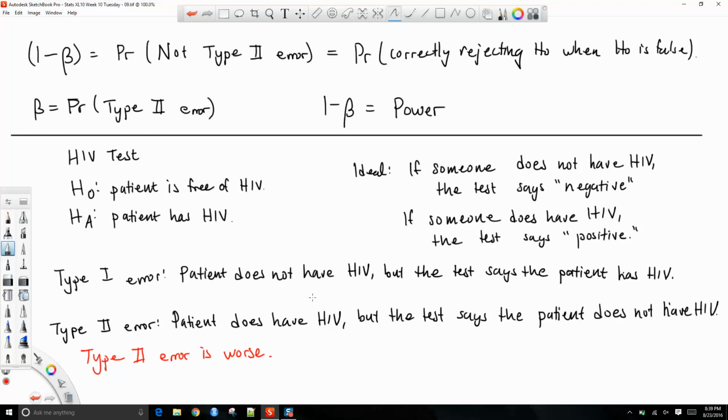Anytime self-diagnostics are involved, these often go with type 2 error is worse, and so you have this very high alpha, okay? And that's why places like WebMD, any symptoms you look up, it says it could be cancer, right?